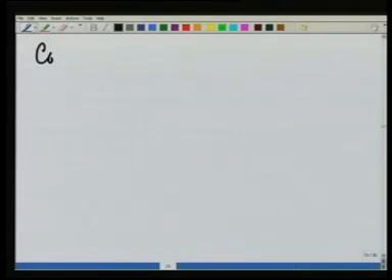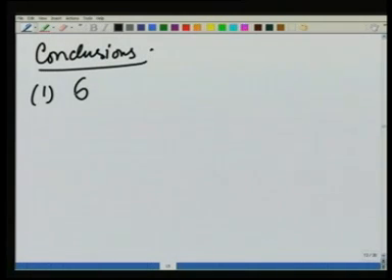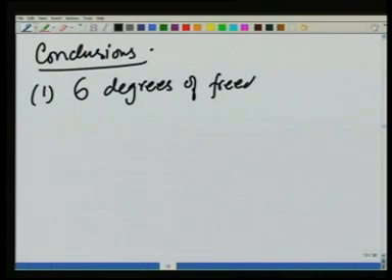Number 1, six degrees of freedom to describe rigid body motion.